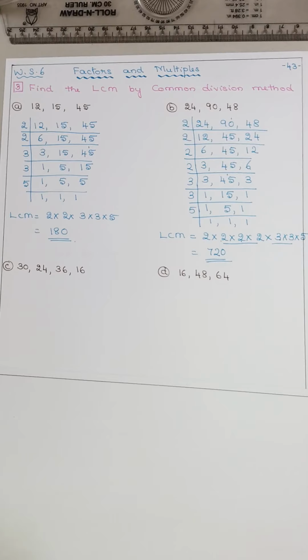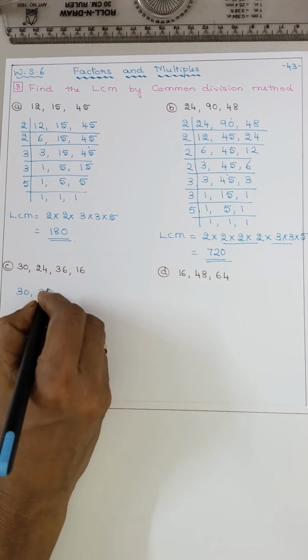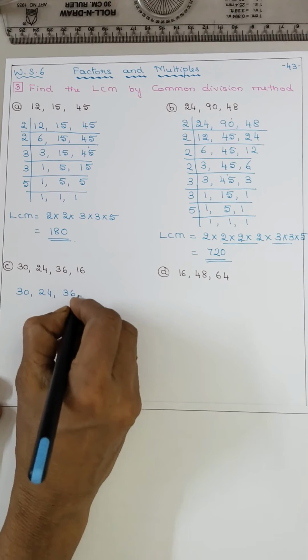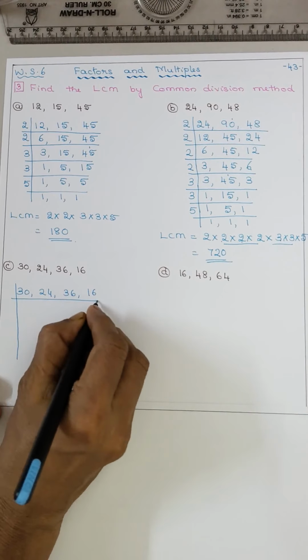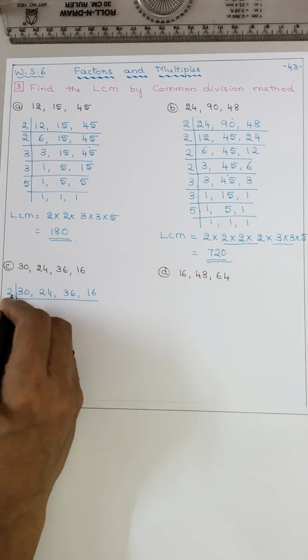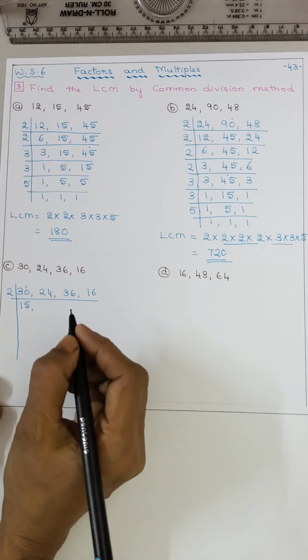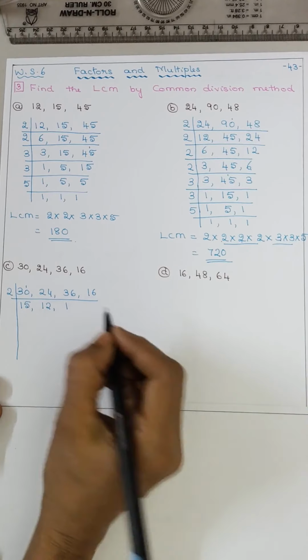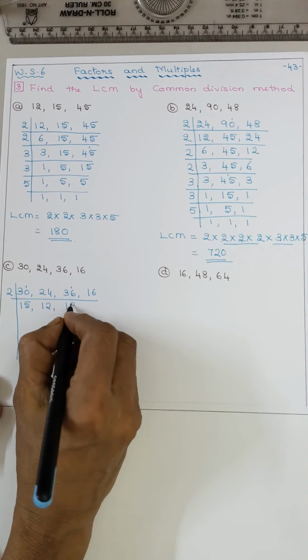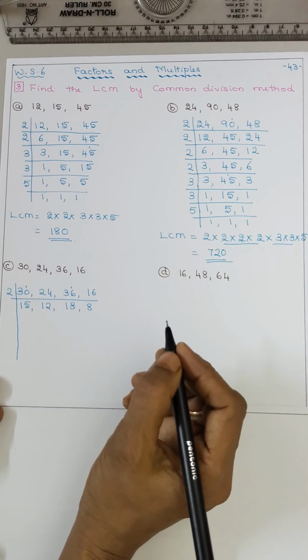Now coming to question number C. 4 numbers are there: 30, 24, 36, 16, all are even. So 2 15s are 30, 2 12s are 24, 2 18s are 36, 2 8s are 16.